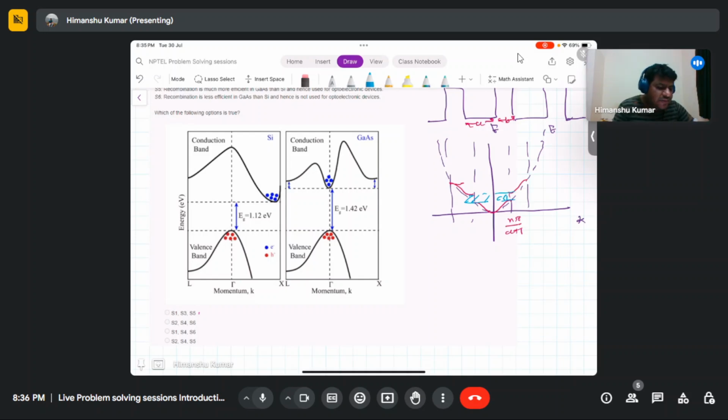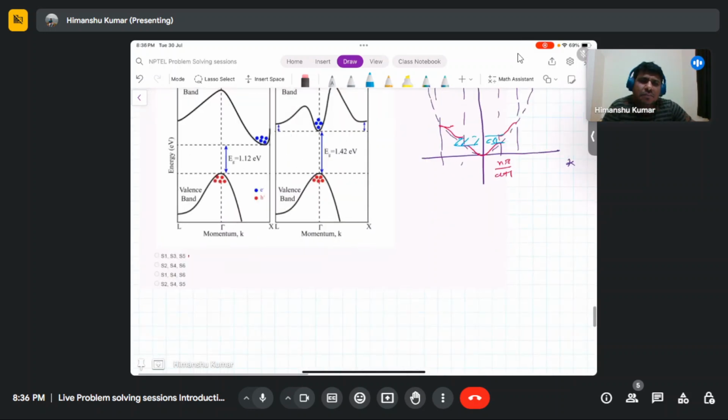But since we are considering only the 1D case, because of this discreteness there is a periodicity in the momentum, in the k space. So you can fold this band, shift this band to this side and this band to this side.